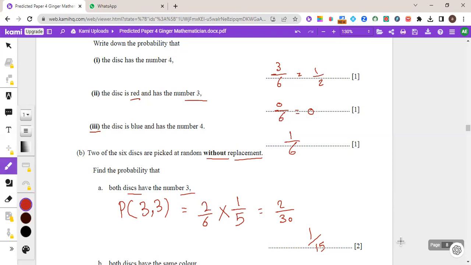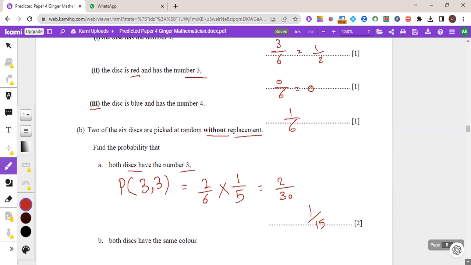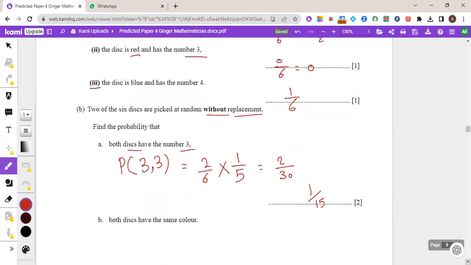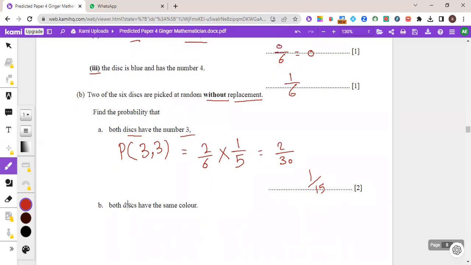Nice, bravo. So the next one: both discs have the same color. It means probability of blue, for example, plus probability of red, and probability of yellow, right?